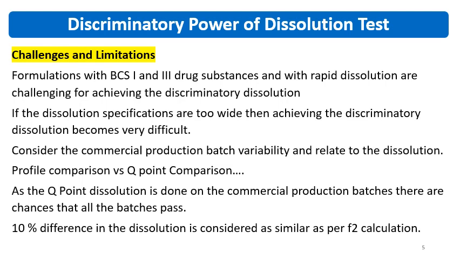Generally for BCS class 1 and 3 molecules, rapid dissolution is required. For example, you are giving a specification of 30 minutes or 15 minutes, and your disintegration time for the tablet or capsule is 2 to 3 minutes, then it becomes very difficult to work in the specified ranges like 10 to 20% on the CMAs and CPPs and then show the discriminatory power. So this is the challenge.